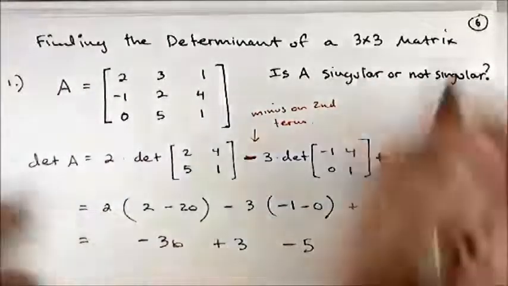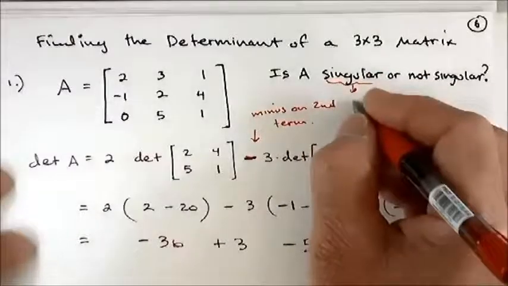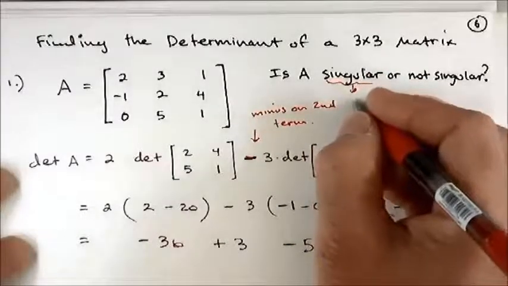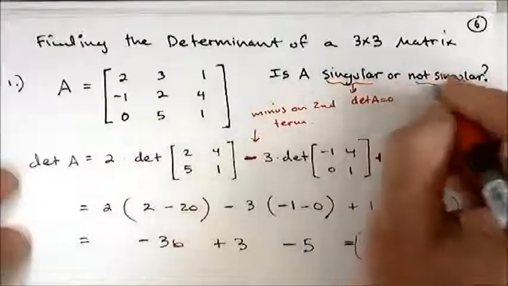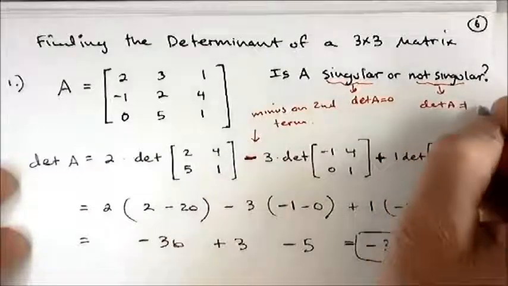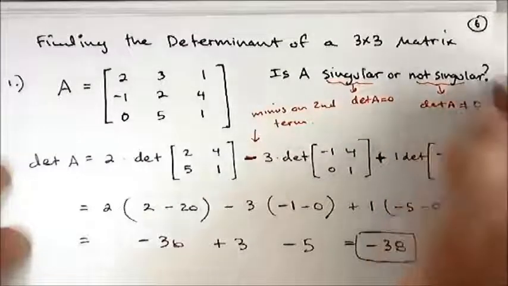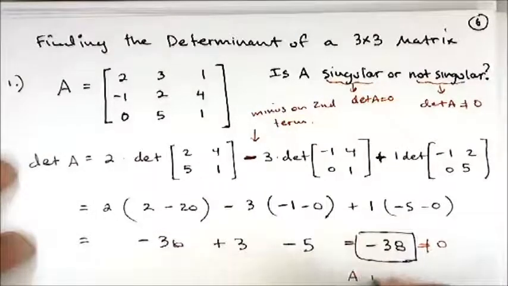Remember, singular means the inverse does not exist, or in other words, the determinant is 0. Not singular means my determinant is not 0, which means I would actually get a unique solution here. So in this case, since this is not 0, we would say that A is non-singular.